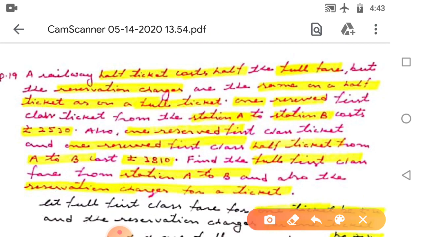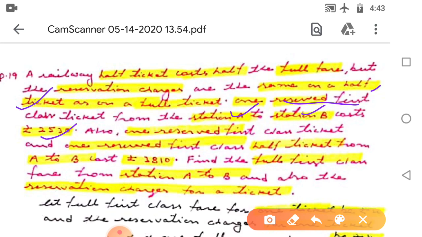Now, one reserved first class ticket from station A to station B costs 2530. No issue. The cost of one first class reserved ticket is 2530. Clear? This is your first condition.